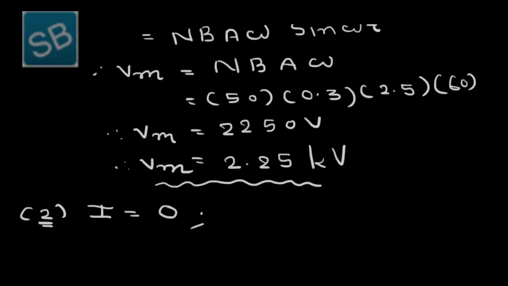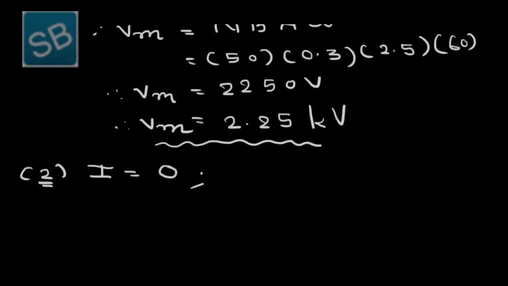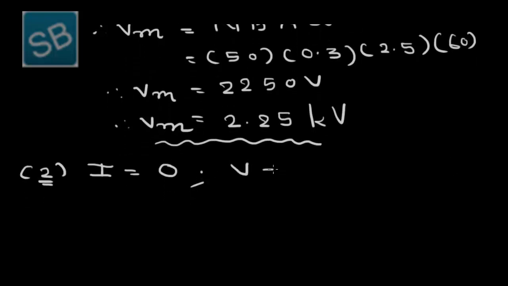So according to Ohm's law, when current is 0, then voltage will also be 0. And here we have the equation of voltage or induced EMF as minus d phi by dt. So that will also be 0. And what it means? It means that the value of phi will be constant.